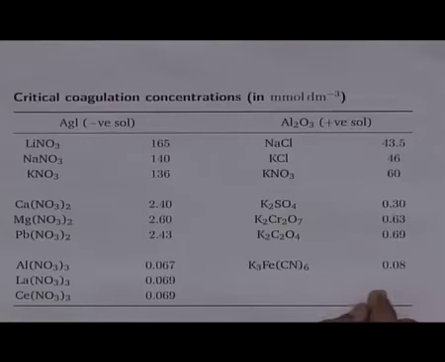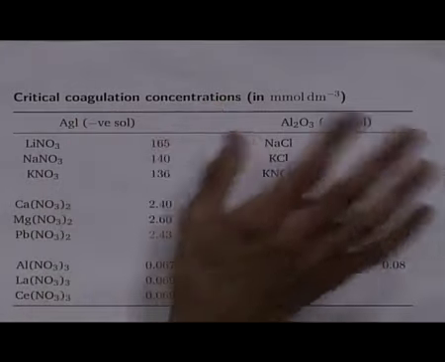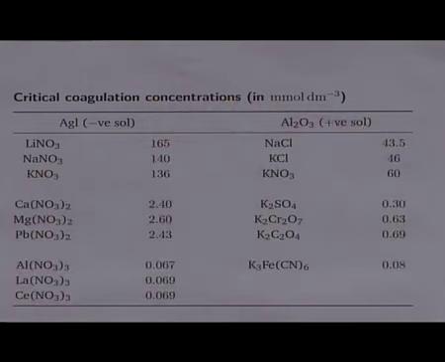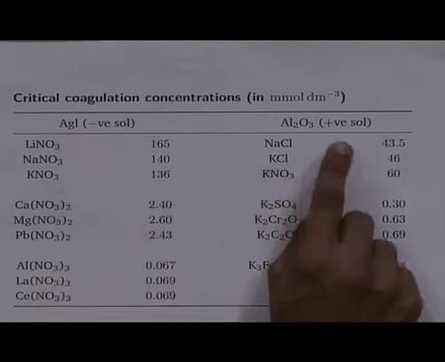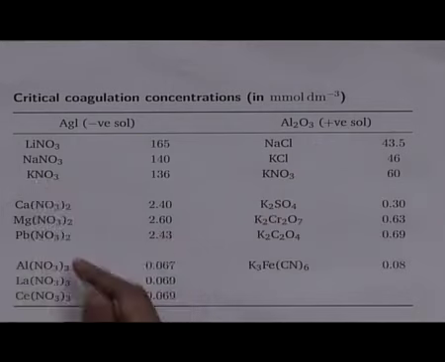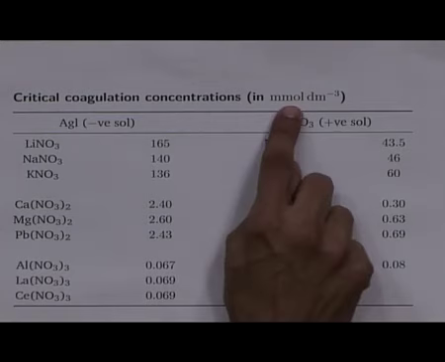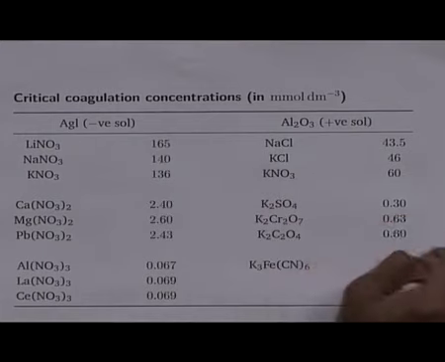Here is a table which gives you the concentration of the added electrolyte required for what is called coagulation, which is nothing but flocculation. I have two different sols: a negatively charged silver iodide sol and a positively charged alumina sol, and I have listed various electrolytes and the concentration of each required for coagulation of these two sols.